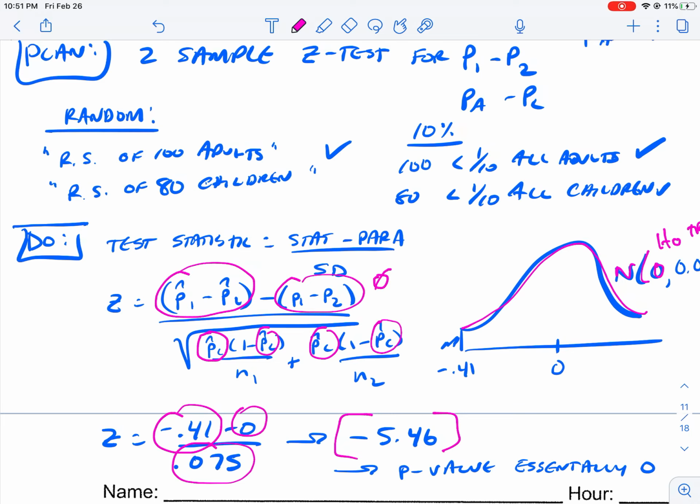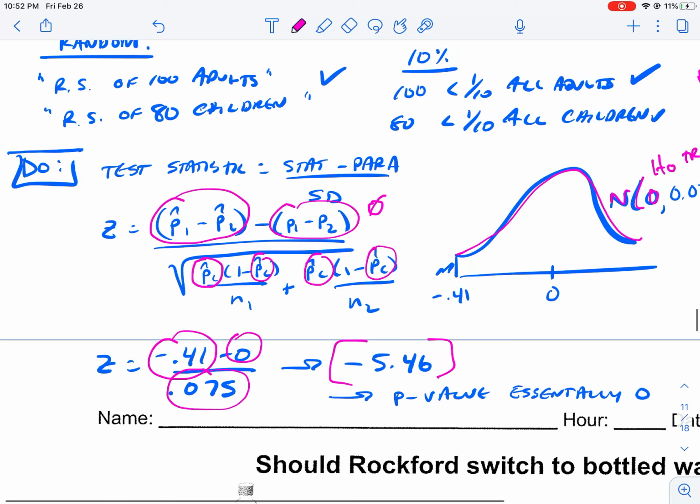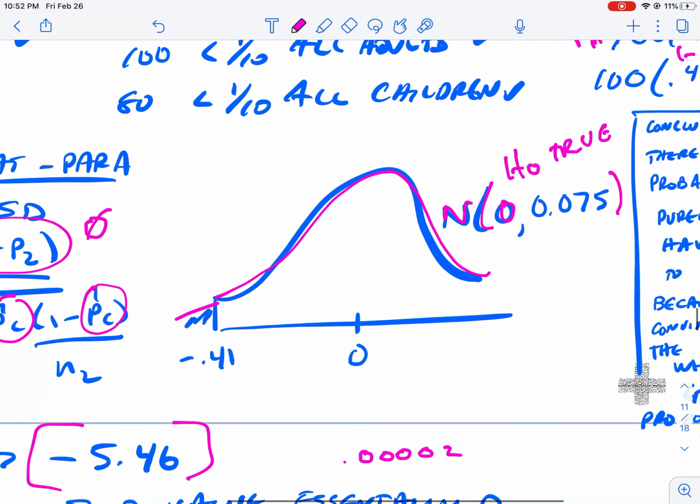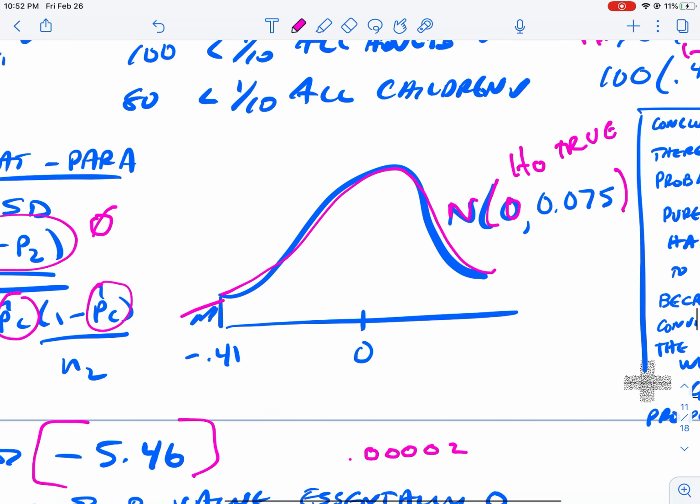And as you know, with that 68, 95, 99% rule, when we get outside of 3 standard deviations, our probabilities are getting very, very low. And so we have a p-value of essentially 0. You can say that, because it's equal to something like 0.00002, you can say that's essentially 0. So when I put it on my curve up here, and I have my standard deviation, and I put that down here, keep in mind, this is a little bitty percent, very, very small there, okay?